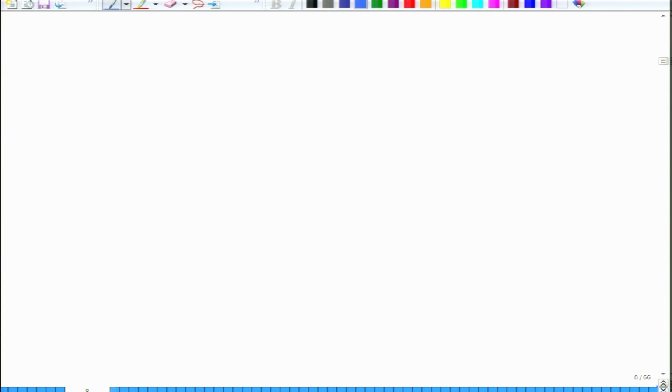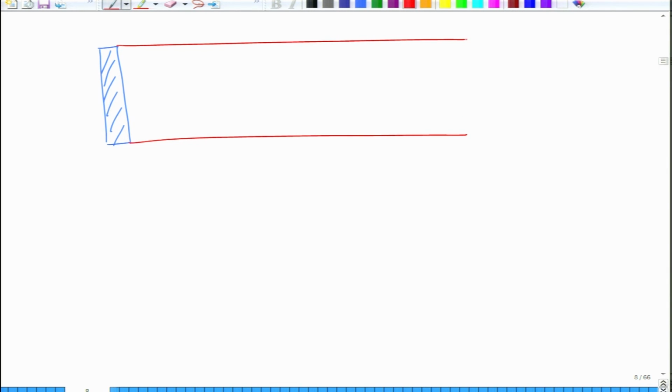and for example, one schematic could be: you have an electrode, one metal, and then you have another metal on this side, all right. This is, let us say, the cathode, and this is, let us say, the anode, okay.